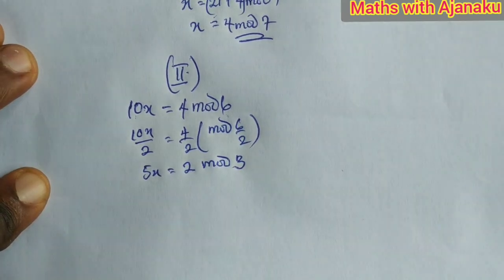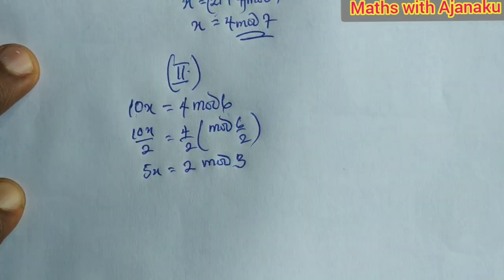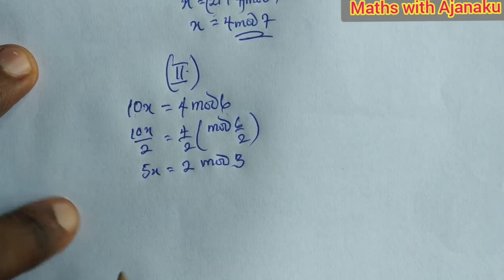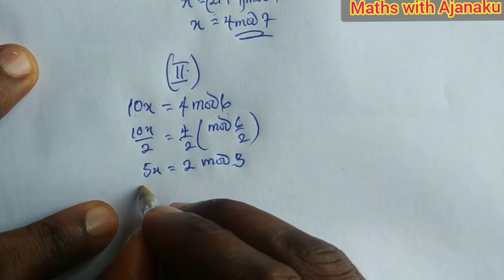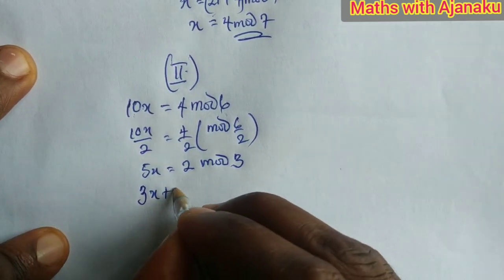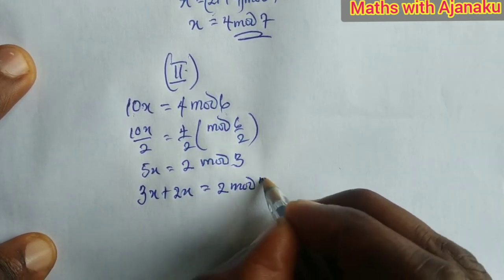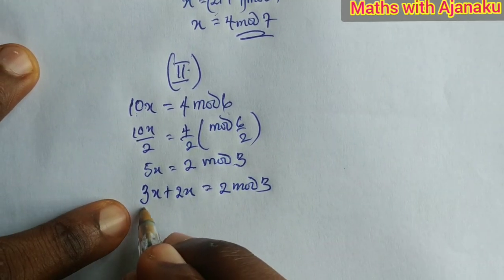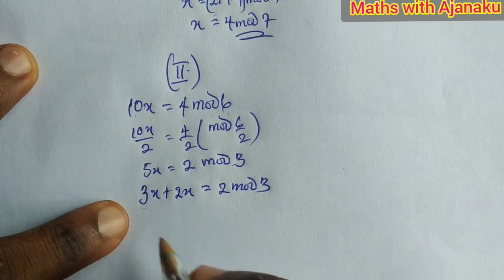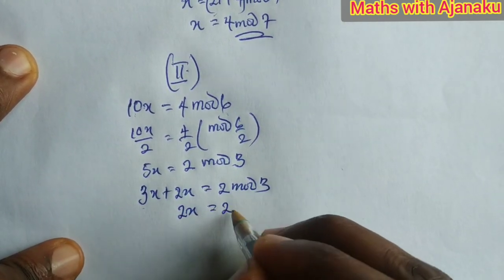Now we are to find the inverse. We are going to reduce this. This is the same thing as 3x plus 2x equal to 2 modulo 3. Since this is in modulo 3, the 3x becomes 0, and this remains 2x equal to 2 modulo 3.